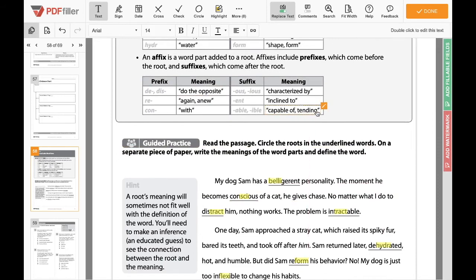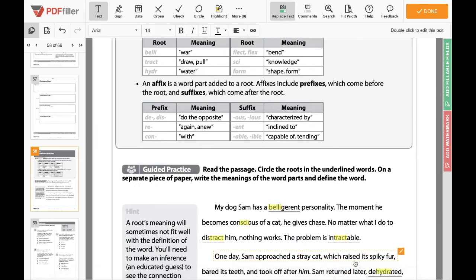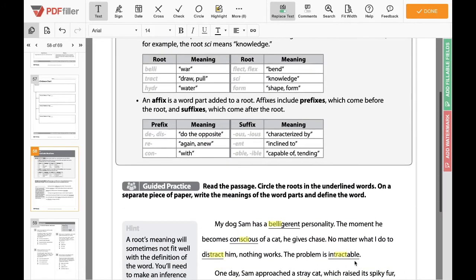So capable of or tending to drawing or pulling. So it means the opposite again. So think about if it said distractible. It would mean the same thing. So it's not easily drawn or pulled, right?